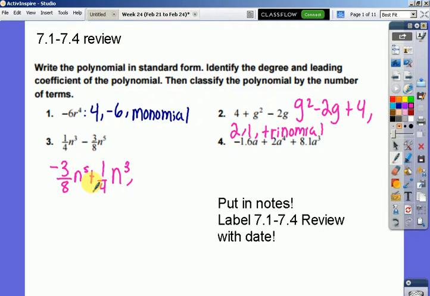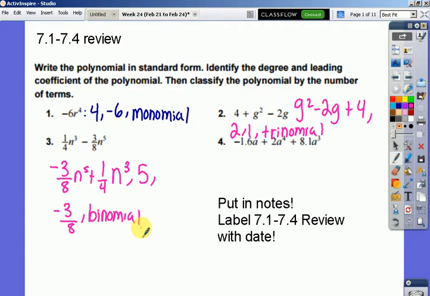Okay. Identify the degree. 5. Leading coefficient. -3/8. Classify the polynomial by the number of terms. Binomial. So it'd be a cubic.